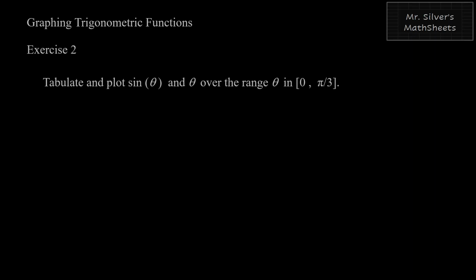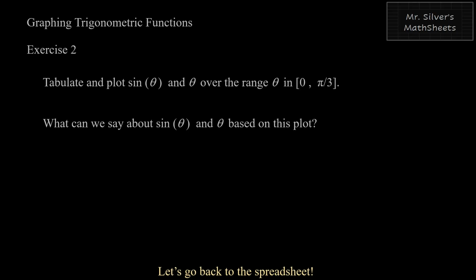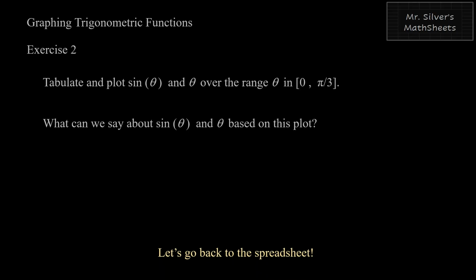So exercise 2. Tabulate and plot sine theta and theta over the range from 0 to 60 degrees. Okay, what can we say about sine theta and theta based on this plot? Okay, let's go back to the spreadsheet.